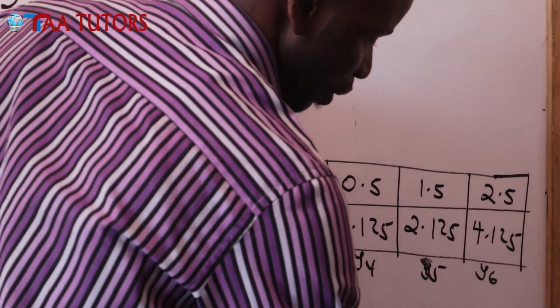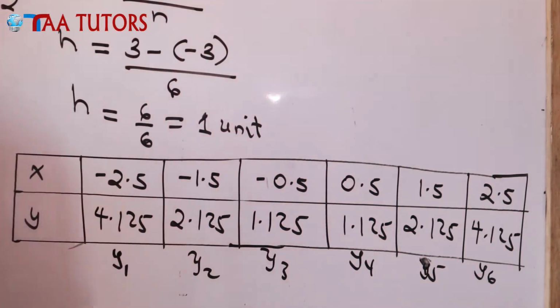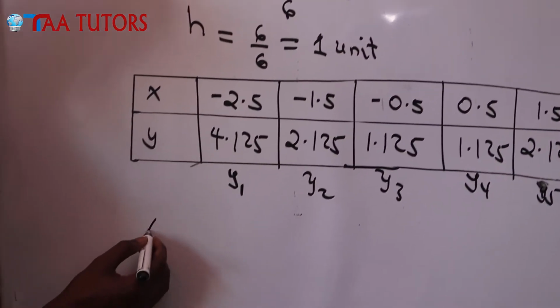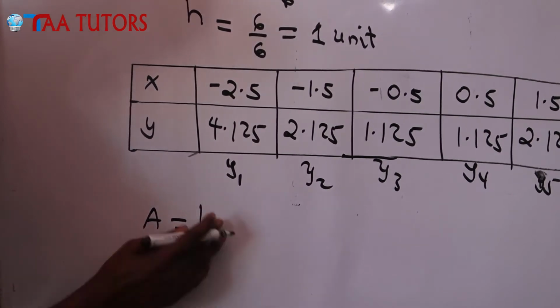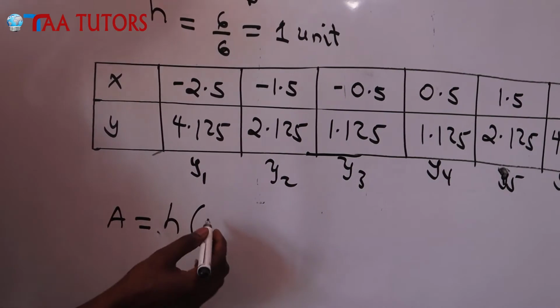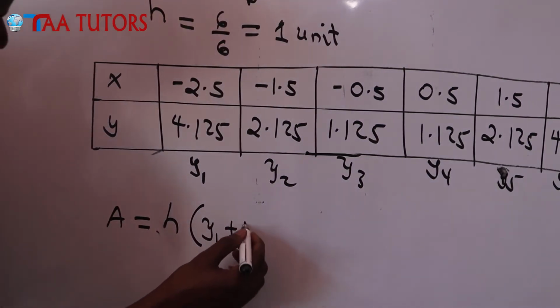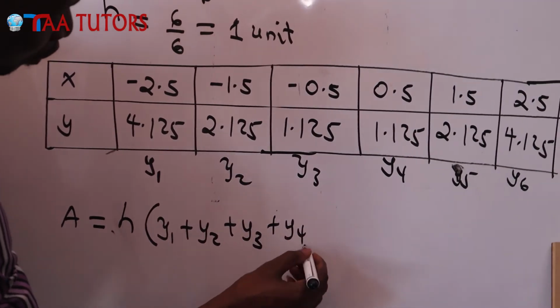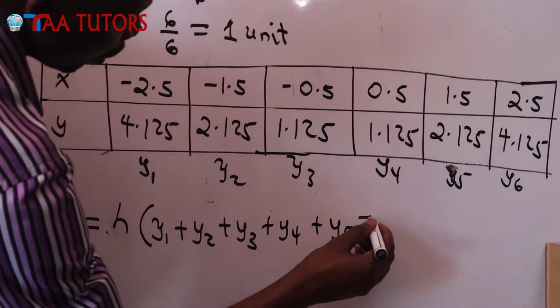So we have the mid-ordinates. The mid-ordinates we are able to work them out. So we have the formula now. The formula we said will be area is h into the ordinates, y1 plus y2 plus y3 plus y4 plus y5 plus y6.